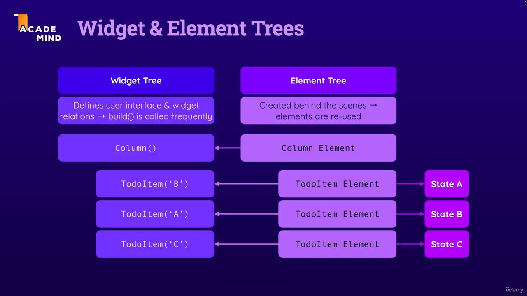And that now suddenly connects the to-do item B with the state A here, because the states don't move together with the widgets. Instead, they are connected to the elements, which also didn't move around, but which instead were reused and stayed in place and just got their widget references updated. And that's of course a problem, but it is a problem that is solved with help of keys.